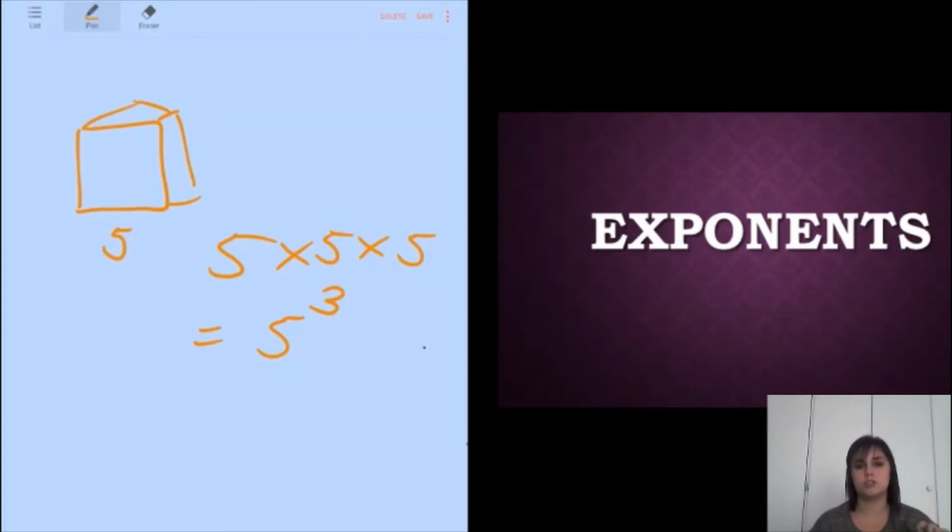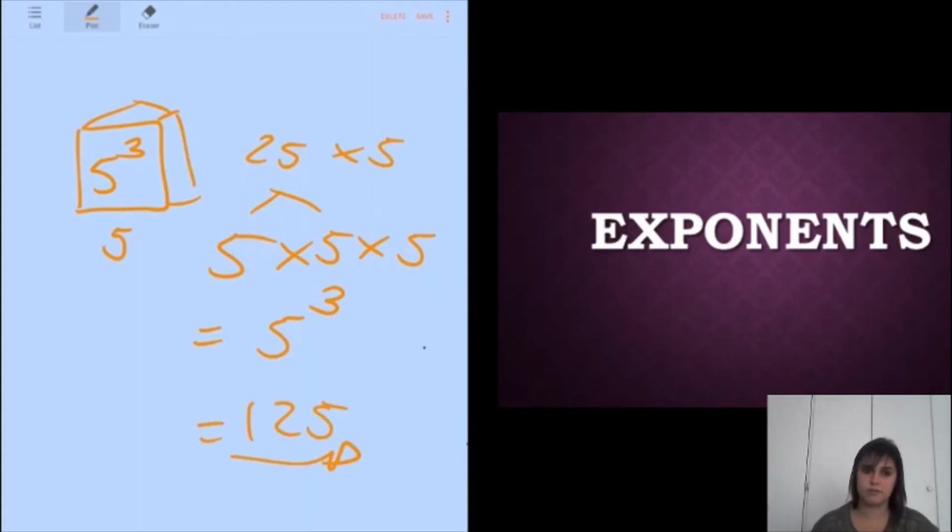So the total number of blocks will be 5 cubed. So let's go work that out. 5 times 5 is 25. And 25 times 5 is 125.